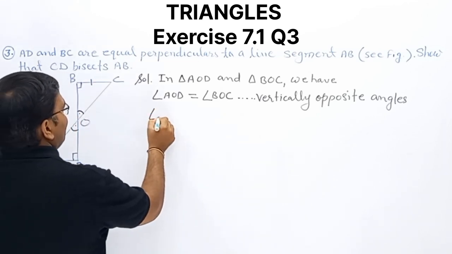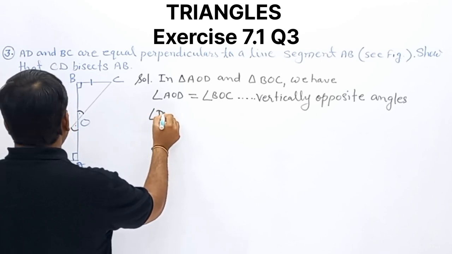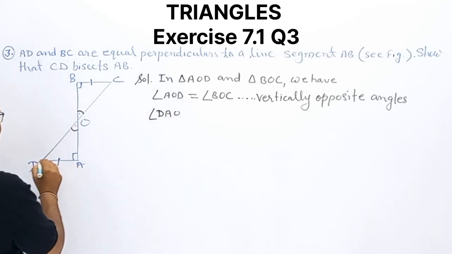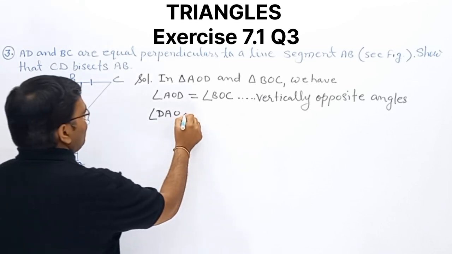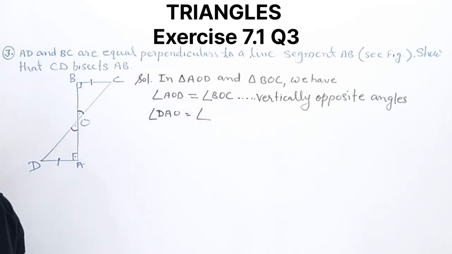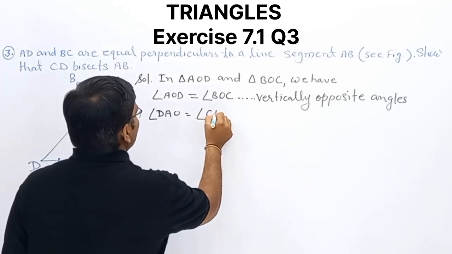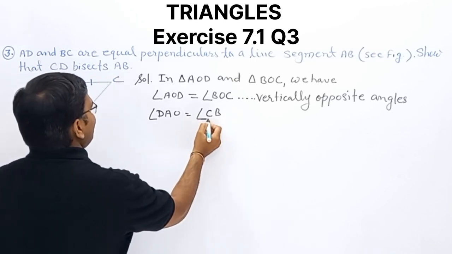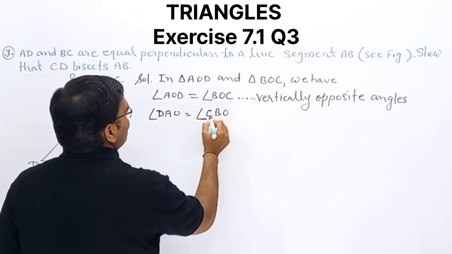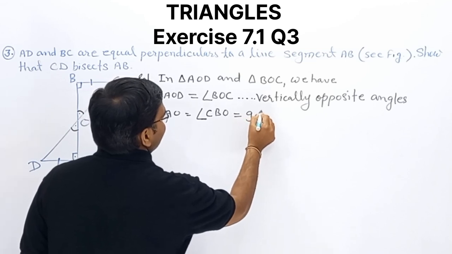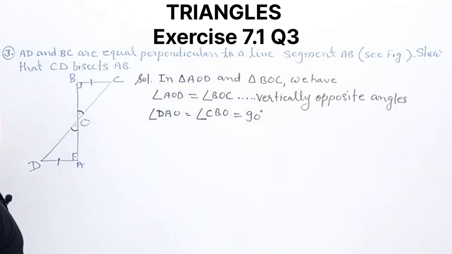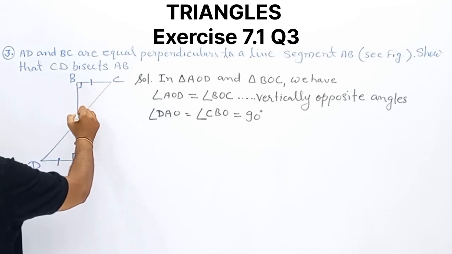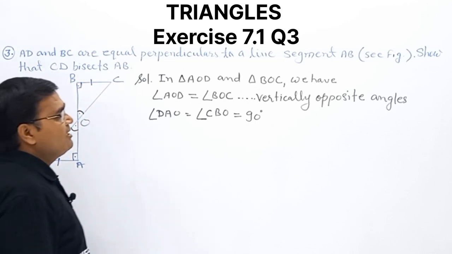Now next thing, angle DAO, this one, is equal to angle CBO, this one, where CBO is 90 degrees. DAO and CBO are both 90 degrees.